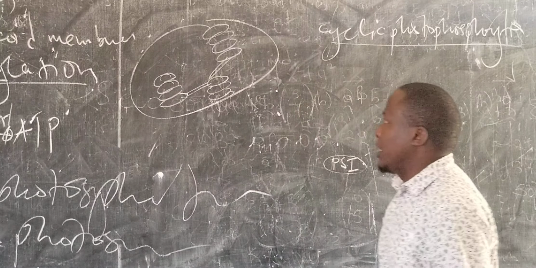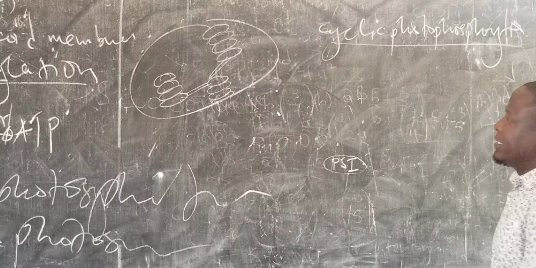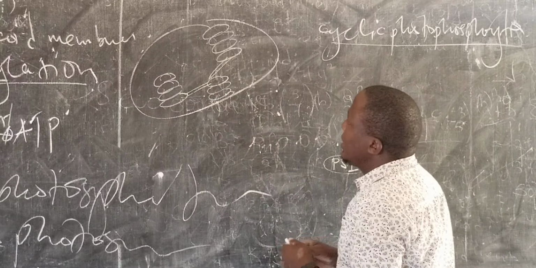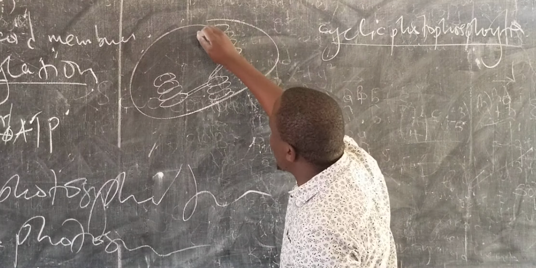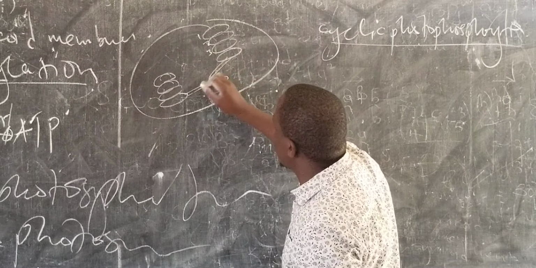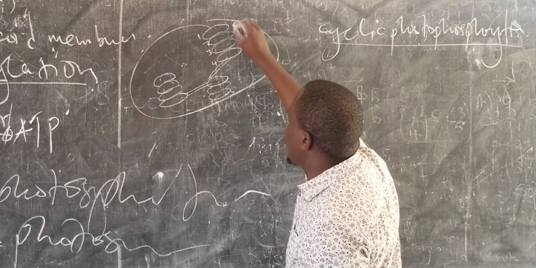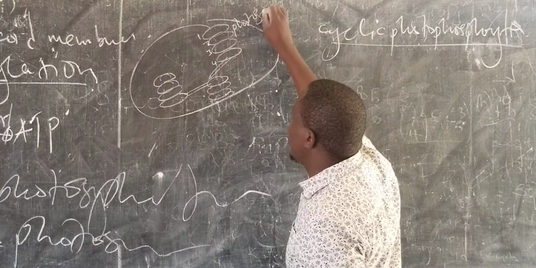So I'll explain why. We count these photosystems from 1. So this is 1, this is 2, this is 3, this is 4. These are photosystems.